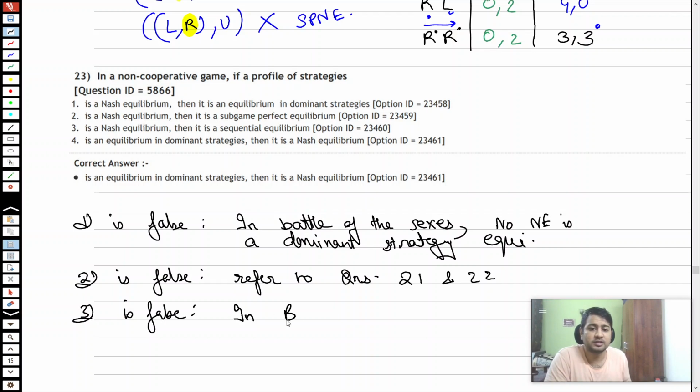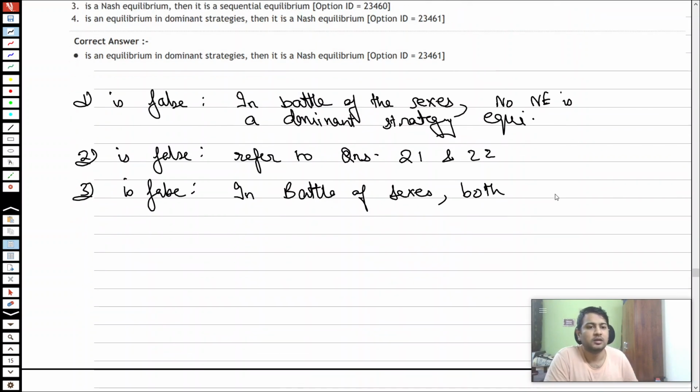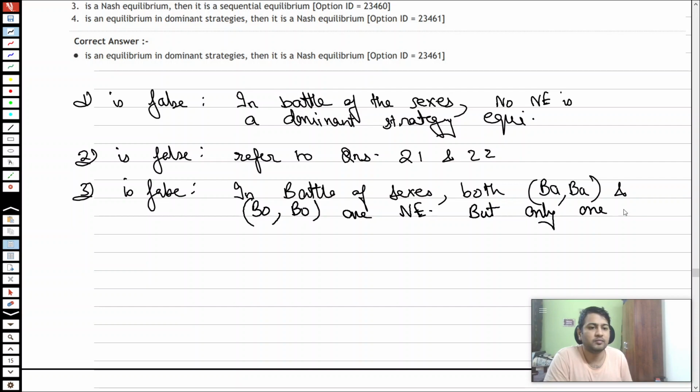So in Battle of Sexes, both ballet and boxing are Nash equilibria, but only one of them is a sequential equilibrium, depending on who plays first.